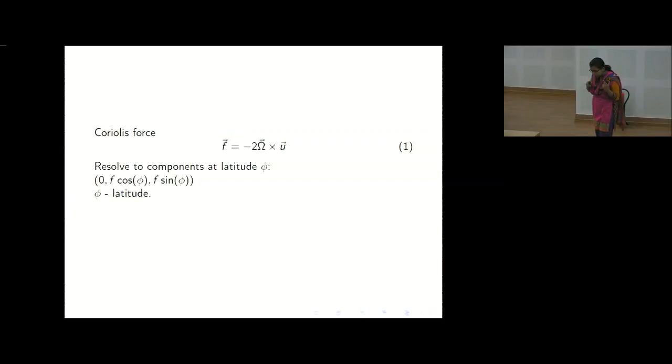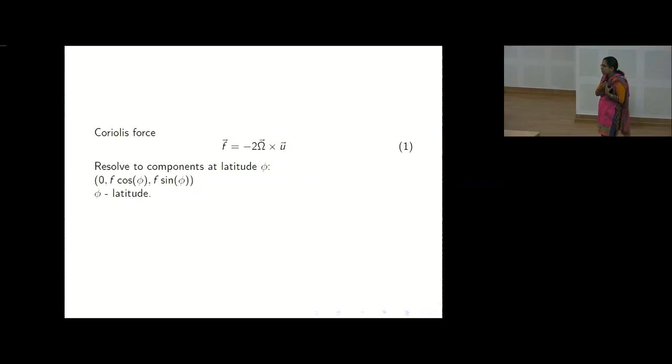Okay, before that I should also define a local coordinate system at each latitude. So at each latitude phi, I define my x direction to be the local east-west direction.